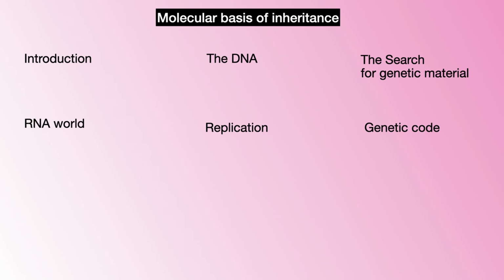tRNA has an anticodon loop that has bases complementary to the code, and also it has an amino acid acceptor end to which it binds amino acids. tRNAs are specific for each amino acid.